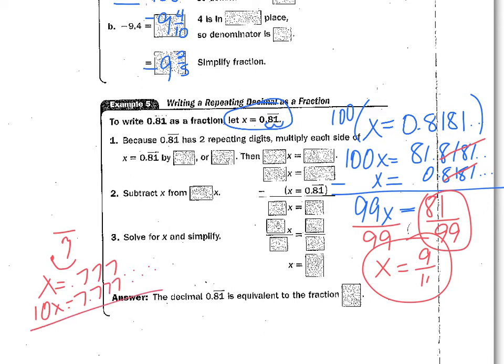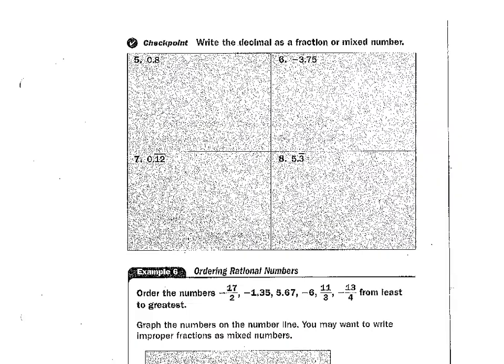When you subtract that x off of there, you get 9x equals 7, divide by 9, and the fraction would be 7/9. It just depends on how many places you have to have it move in order to determine if you're going to multiply by 10, 100, 1,000, whatever. You guys go ahead and do 5, 6, 7, and 8, and bring those back with you.